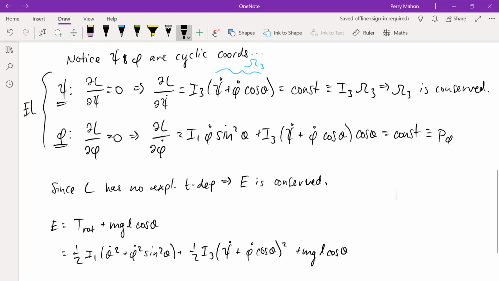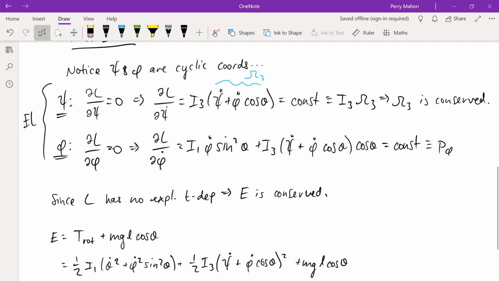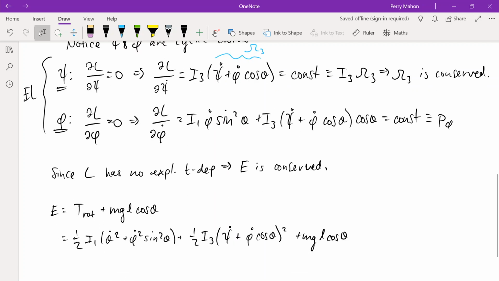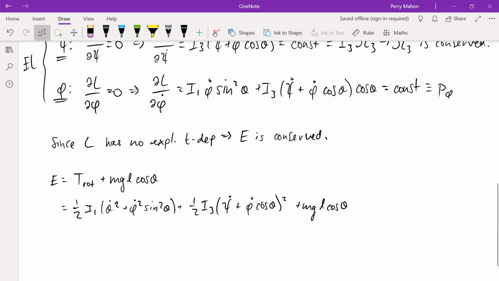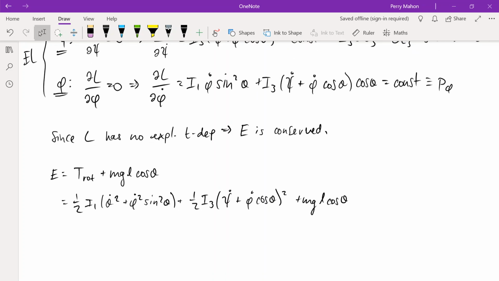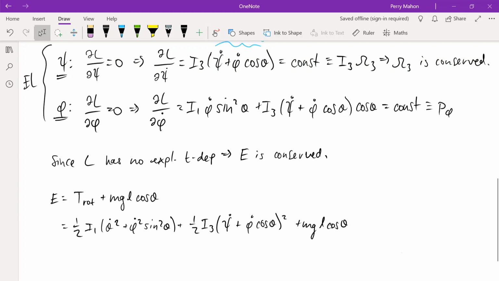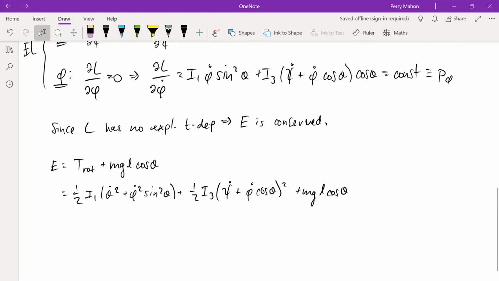Right, so this is what we have for the total energy, and now what we want to do is implement the constants that we previously found, or the conserved quantities that we found that were associated with the Euler-Lagrange equations for psi and phi. And this will allow us to really just write this as an equation in terms of theta dot and the constants of motion.